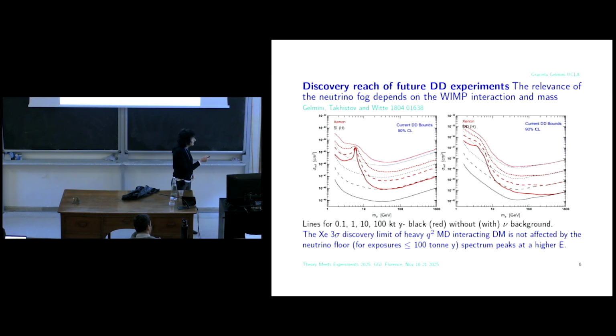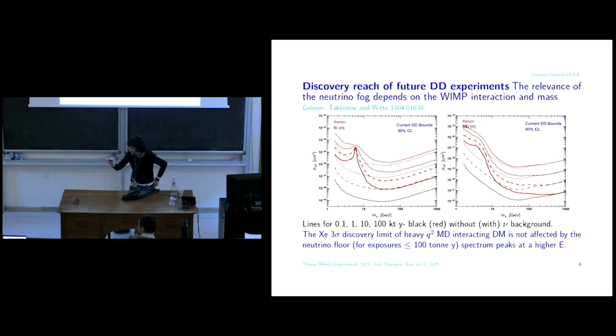If you happen to be here, a spin independent, heavy mediator, and the mass of the dark matter particle is about 7 GeV, you are dead. You can increase your exposure by a factor of 10,000, which is a lot, and your discovery region will change nothing. At this point, it's very, very difficult.